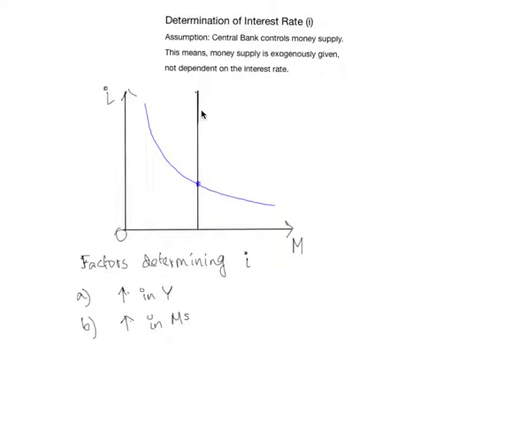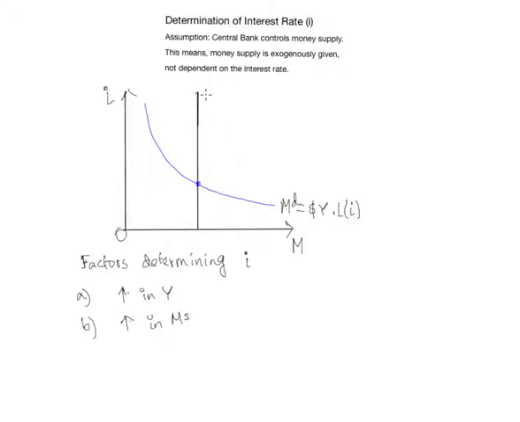Which means that unlike money demand, money demand was drawn. This is the money demand curve, which is a function of nominal income and interest rate, right?